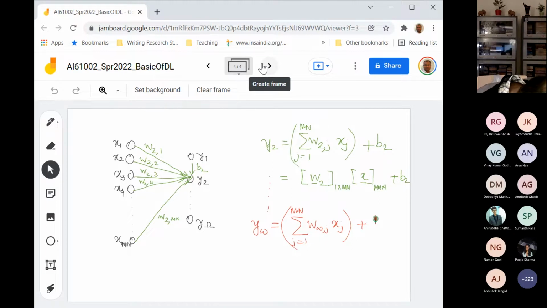This small omega belongs to 1 to capital omega. Now this whole thing can be written as w of omega, which is of size 1 cross m into n, times x, which is of size m into n cross 1, plus b of omega.